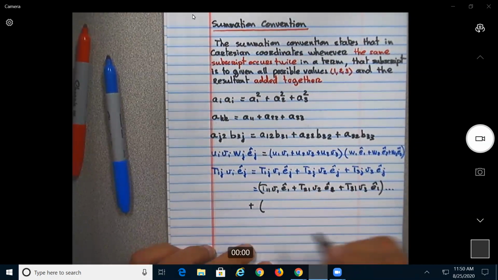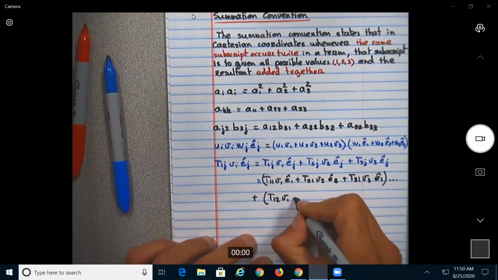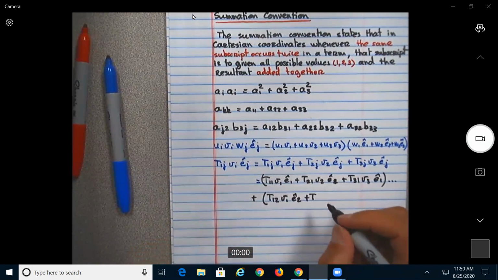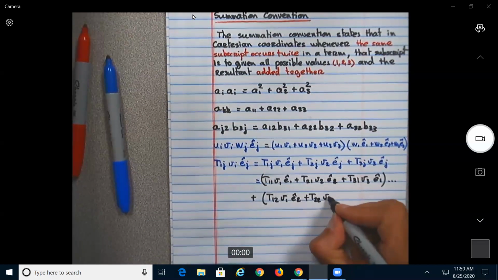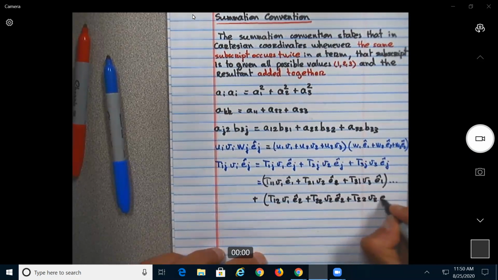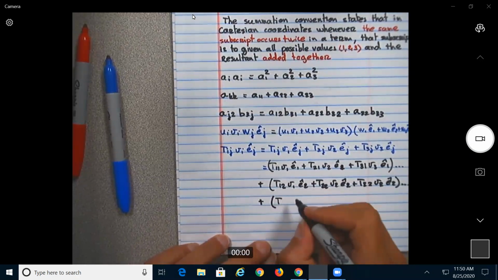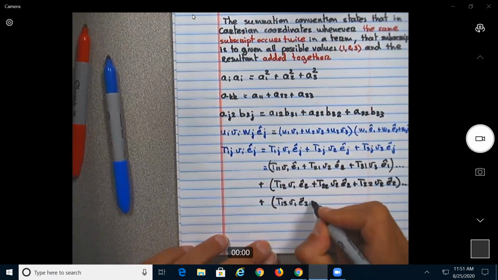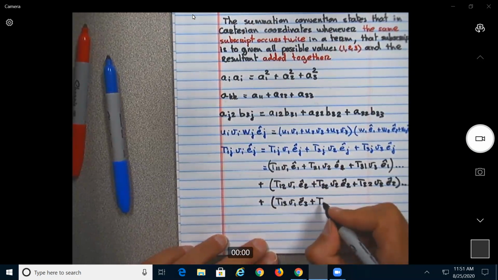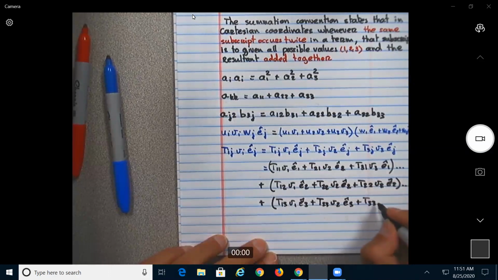Plus, now we change the j, will be T_12 V_1 E_2 plus T_22 V_2 E_2 plus T_32 V_3 E_2, and finally we'll have the T_13 V_1 E_3 plus T_23 V_2 E_3 plus T_33 V_3 E_3.